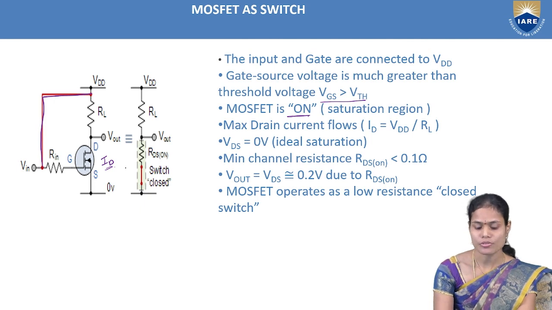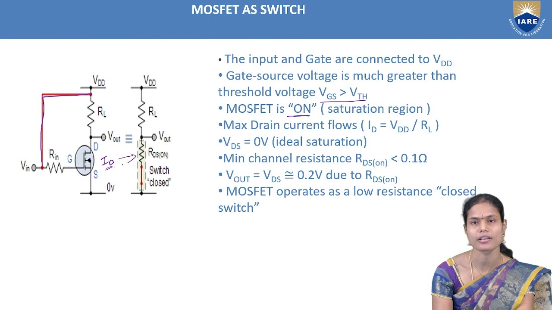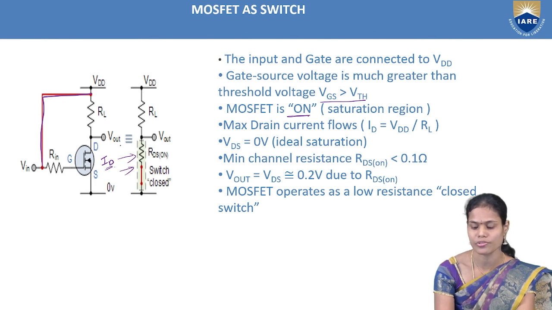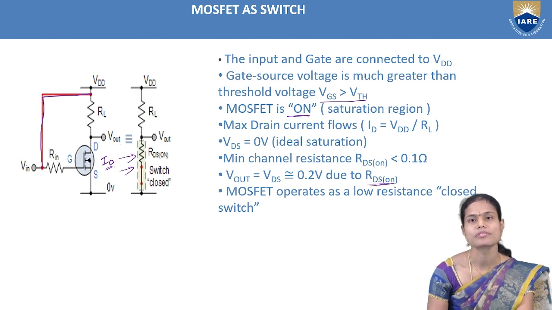Once the current is flowing in this circuit, I represent it here as a closed switch with the on resistance. And what about the output here? The output we will get here is the VDS voltage, that is 0.2 volts, due to the RDS resistance.